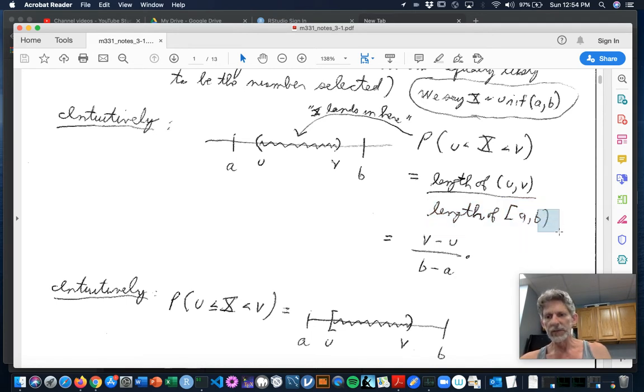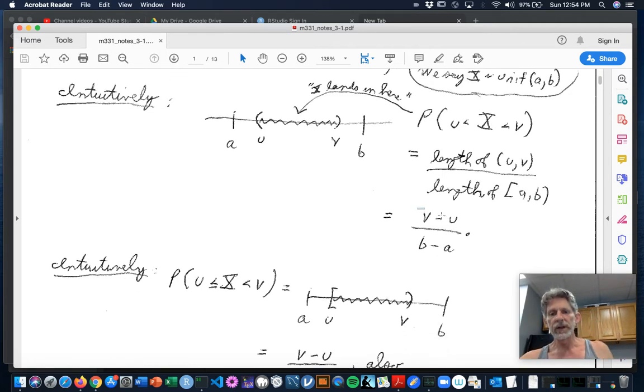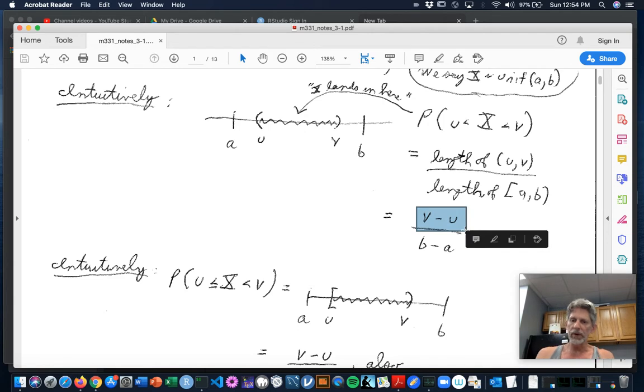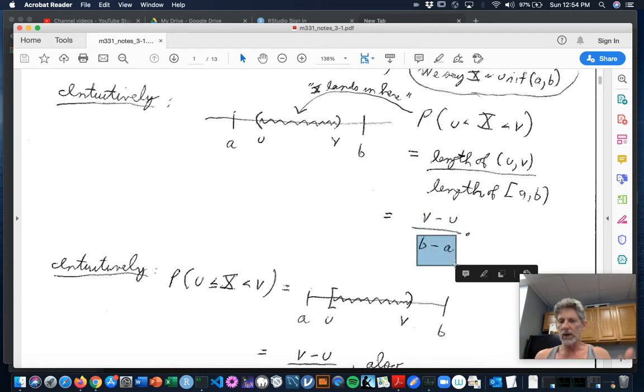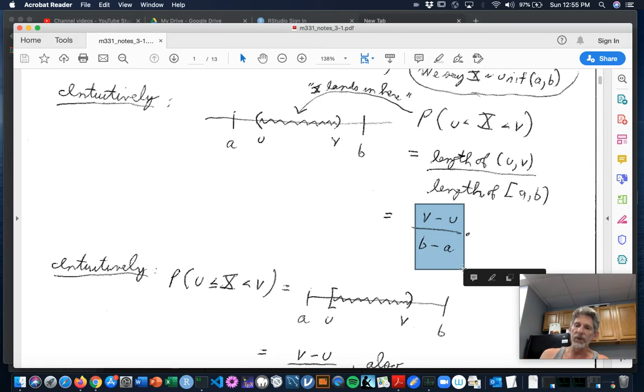I think that should be more like a closed bracket, I would say. The length of the interval from U to V is the upper endpoint minus the lower, and it's the same for a closed interval as well, upper endpoint minus the lower. So that ratio. And that's something you've used before in some examples and exercises.